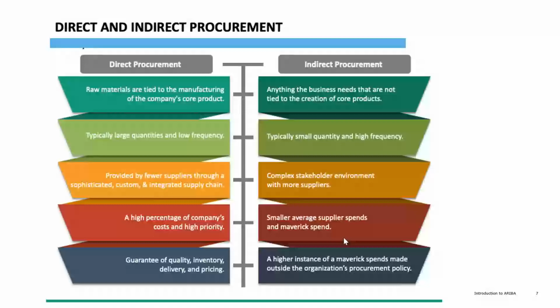That means they are creating revenue for you. Procurement of the supporting things, we are calling indirect procurement. Services are also a kind of indirect procurement. Cleaning services is a kind of service procurement, so I can say it's indirect procurement. So this is nothing but direct and indirect procurement.